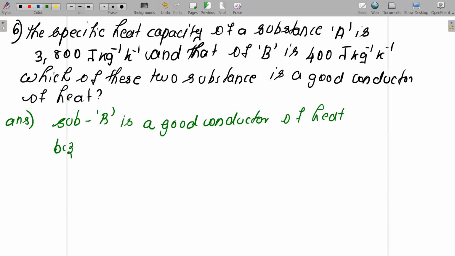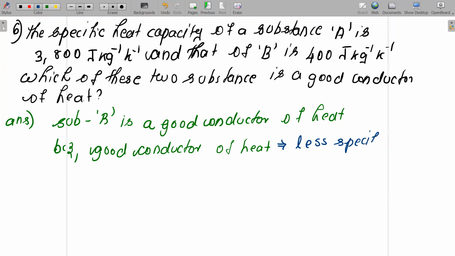Because a good conductor of heat will have less specific heat capacity. Understood how they are framing the questions?